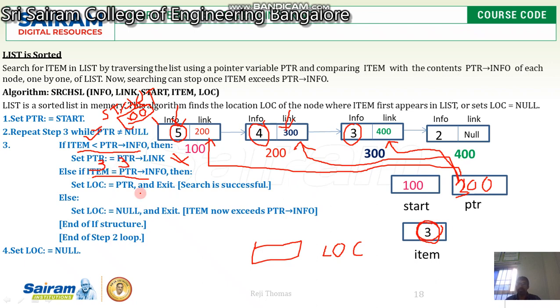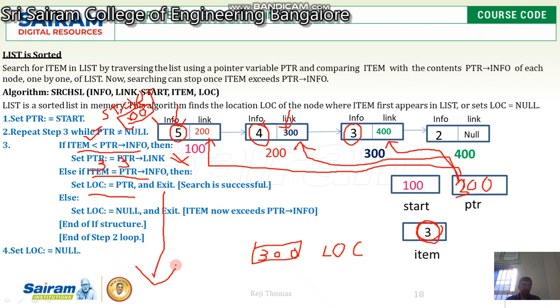So when we find there is a match, we set LOC equal to PTR. We have taken a different variable called LOC. LOC is equal to PTR. What is there in PTR? PTR is 300. So we set location equal to PTR and exit. We come out of the complete loop.